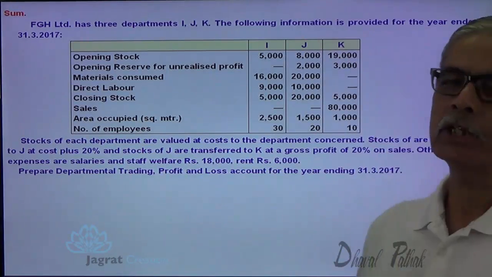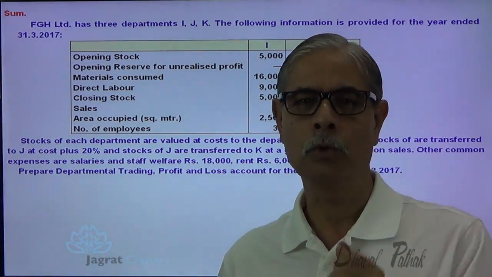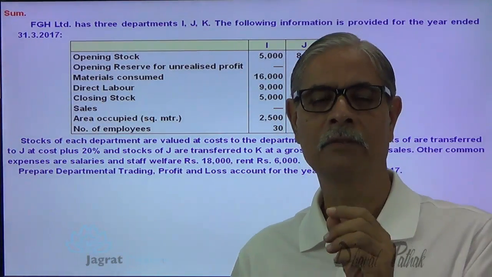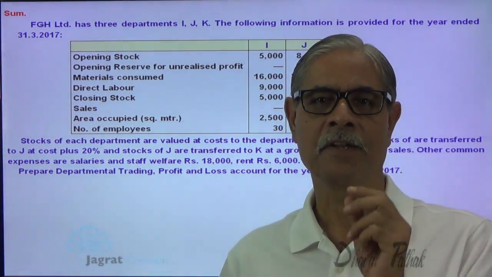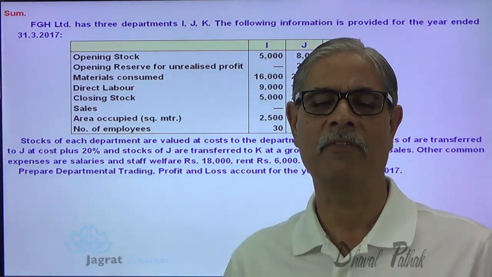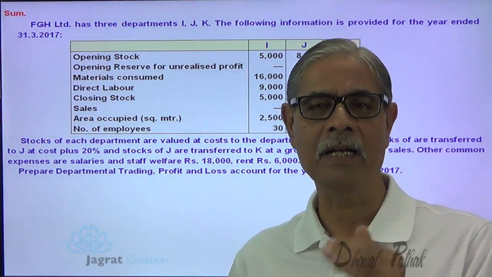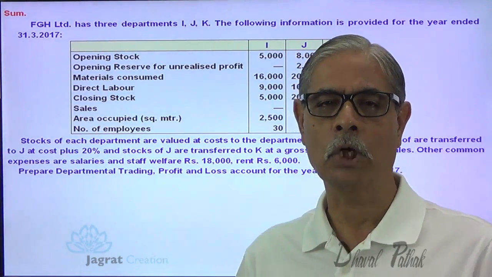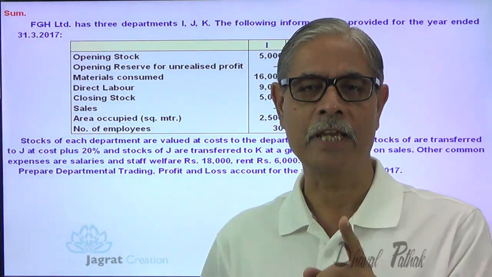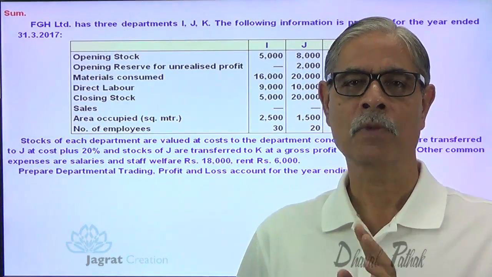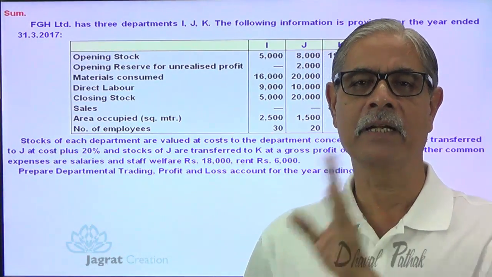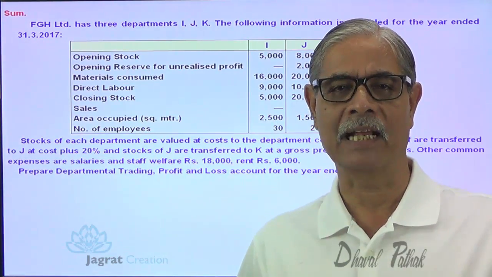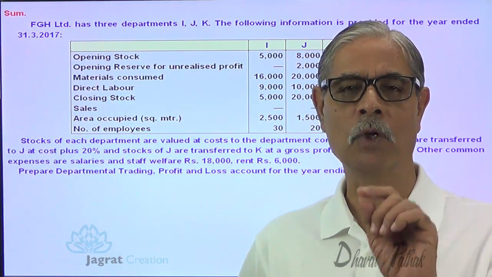So this opening stock includes some stock valued at a transfer price which has an element of profit and is unrealized, means not earned at all, because there is no change in the ownership of the goods, but there is an internal departmental transfer, and when the internal departmental transfers were made, profit was charged.